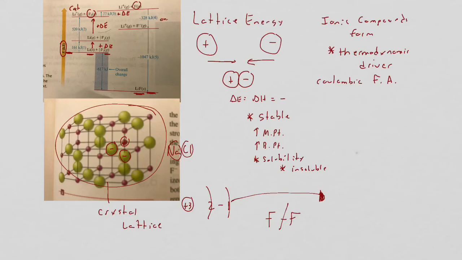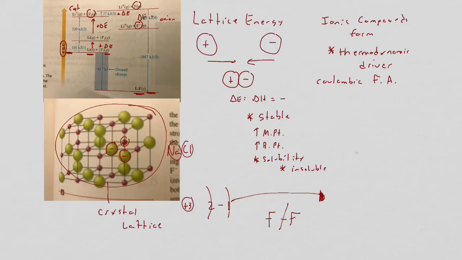Forming the anion is often, not always, going to be an exothermic process, because when that electron joins to form the fluoride ion, you've got a negative particle moving towards the nucleus. And because of that attraction, as it moves closer, the energy is released and you get a negative delta E. So delta E is negative.